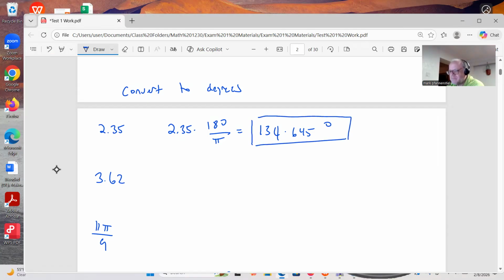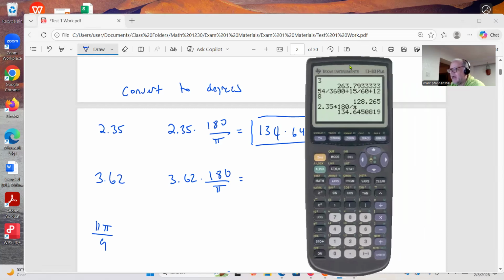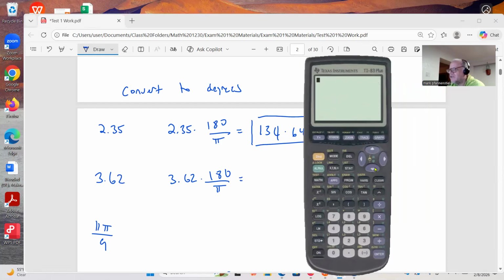All right. We have 3.62 radians, and we're going to degrees. We're going to effectively carry out the same deal over here. So we have 180 divided by pi. So we have 3.62 times 180 divided by pi.